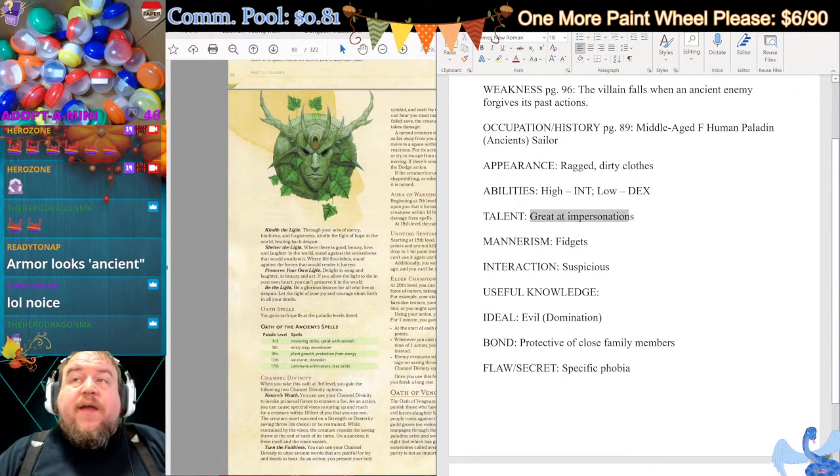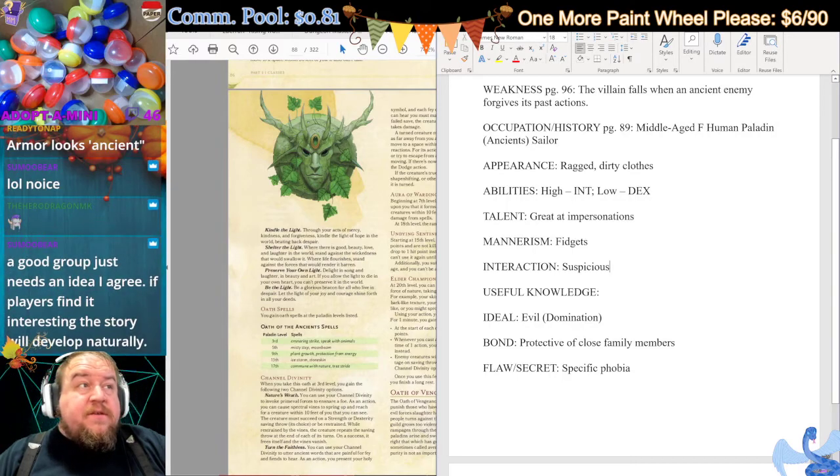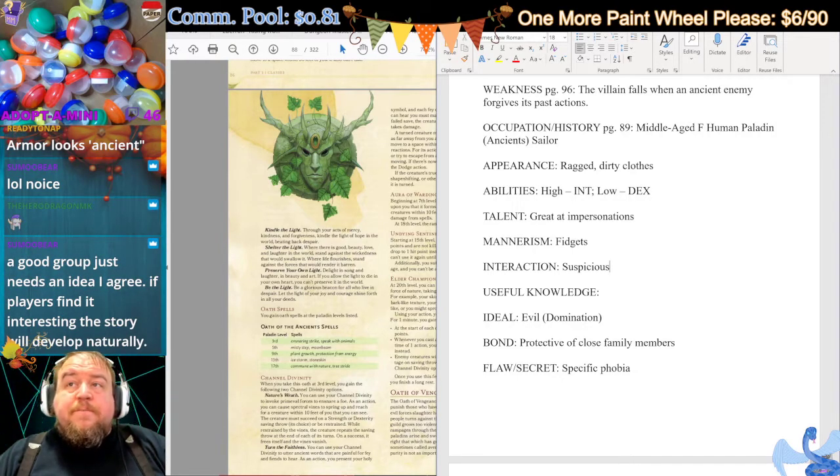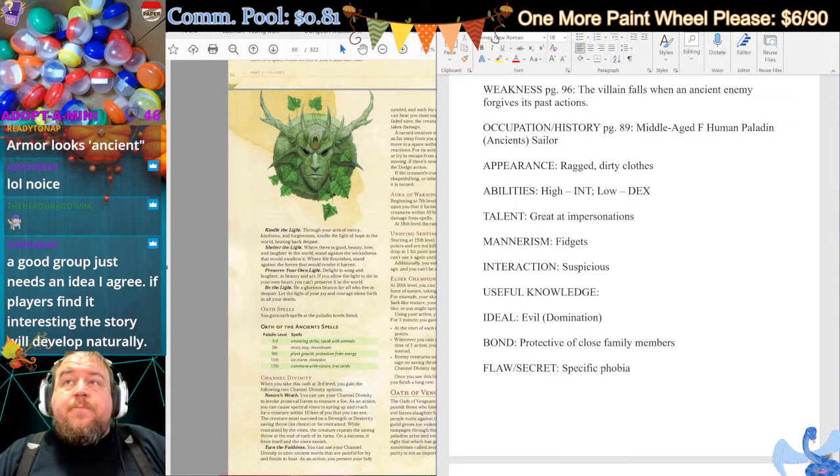She has to be great at impersonations in order to interact and even trick the Fae themselves, to trick the tricksters, to lure them into traps, to capture them, and to get information from them.